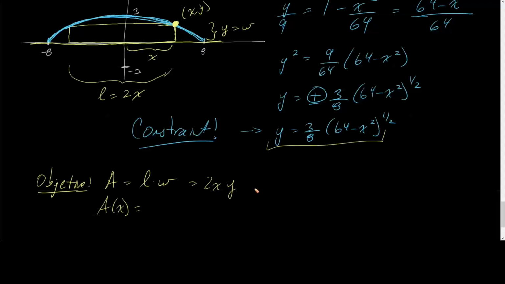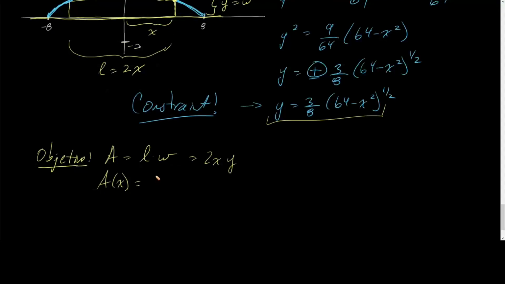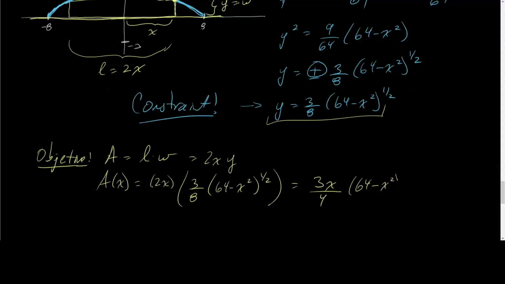So what we get now is 2x times 3/8 times 64 minus x squared to the 1/2. Reducing this fraction, I can simply say that it's 3x over 4 times 64 minus x squared to the 1/2. All right. So that right there is my objective function.